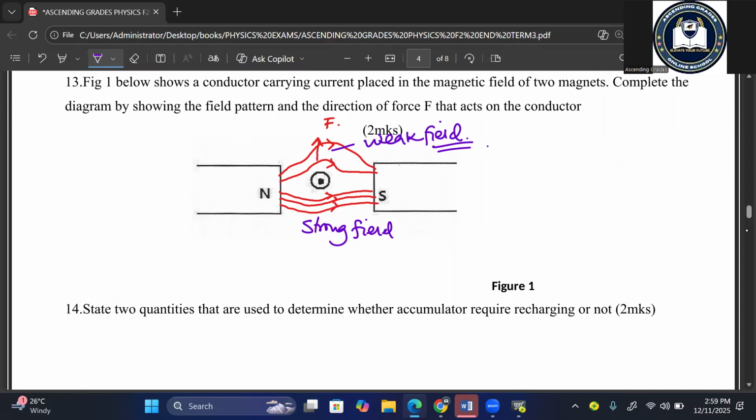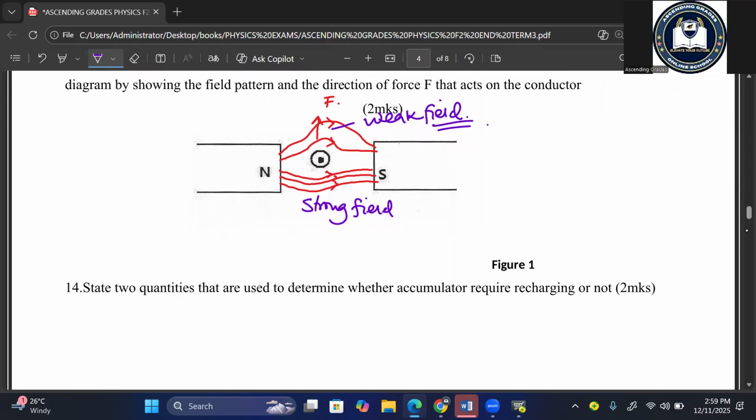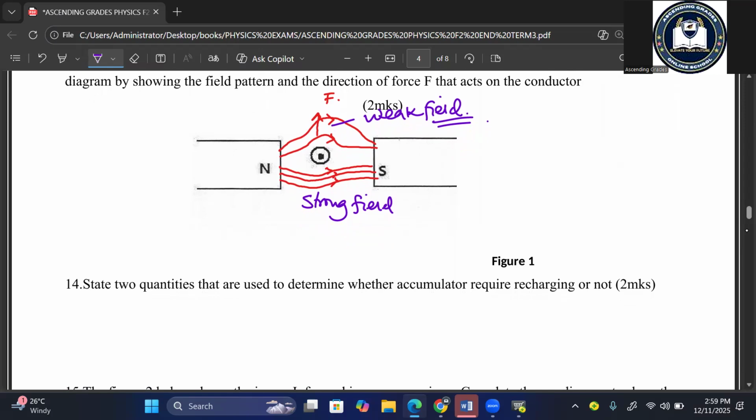State two quantities that are used to determine whether an accumulator requires charging or not. We have relative density and we have the voltage output.